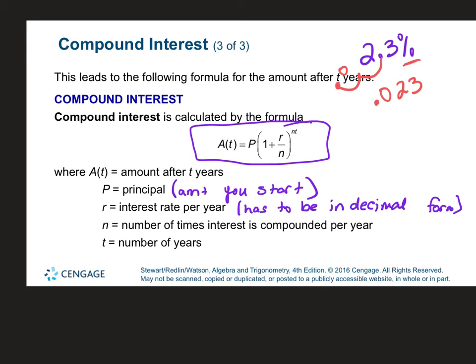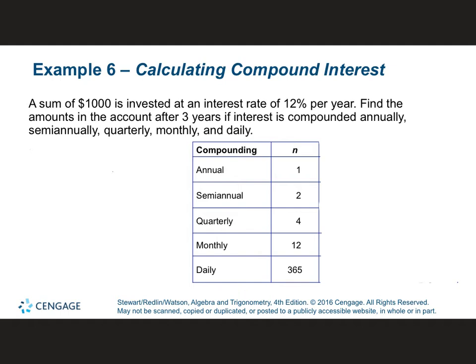But the number of times that the interest is compounded is going to be given to you in word form. The next slide shows you that. You need to be familiar with what these words mean. If someone says to you that something is compounded annually, in that formula that we just had, you would use N equals 1.